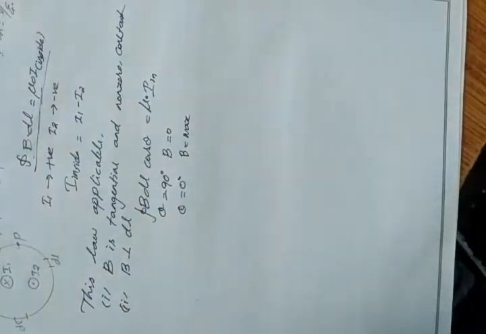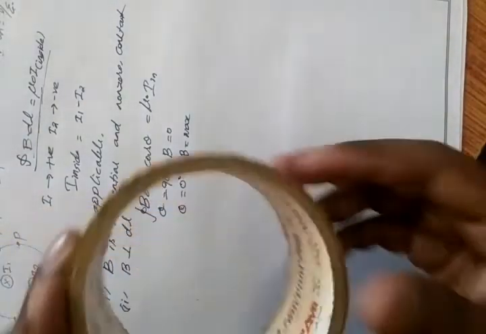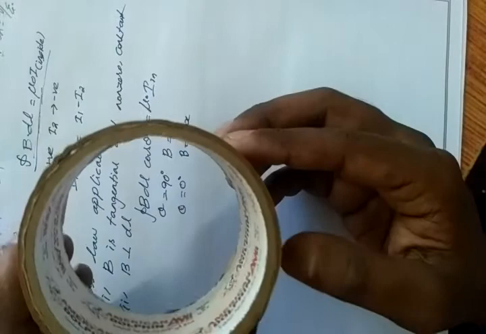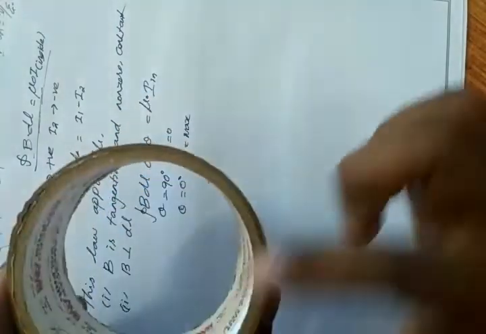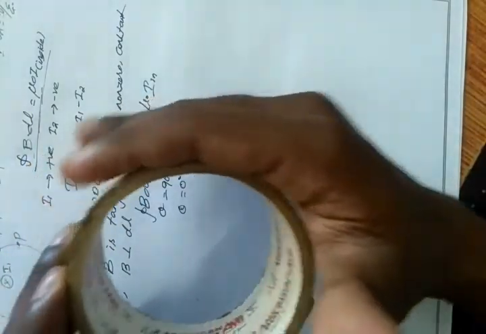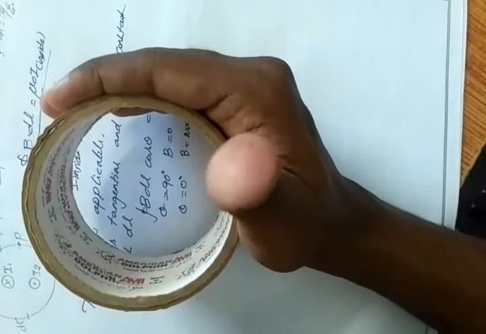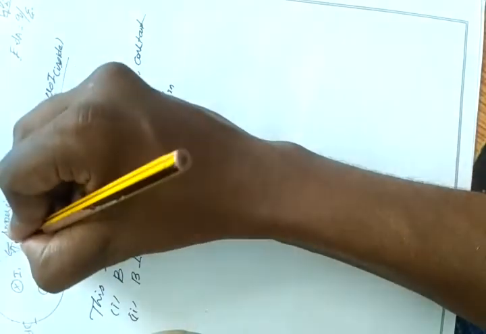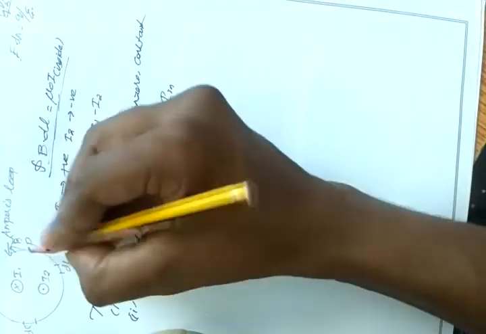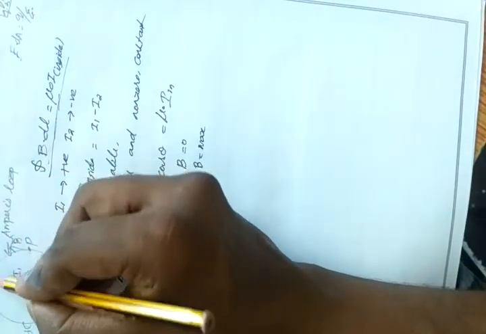Okay, so we consider a loop. This is our loop. Current is flowing in the anti-clockwise direction, so we get the magnetic field tangential to the loop. We get the magnetic field like this at this point. If we take this point, then the magnetic field is tangential like this.